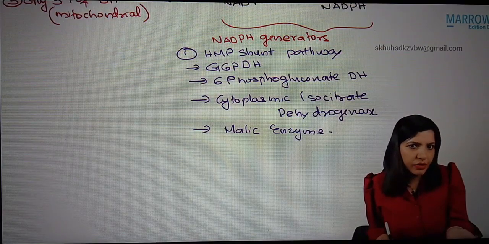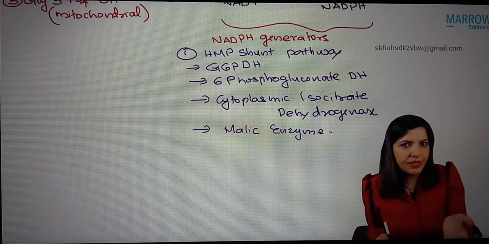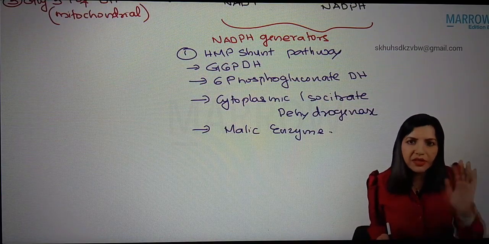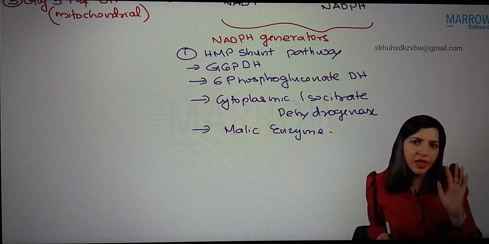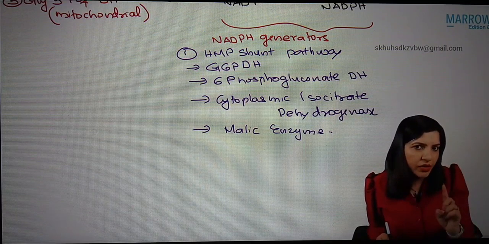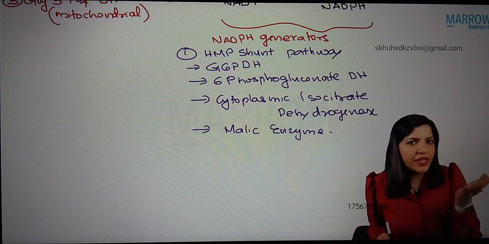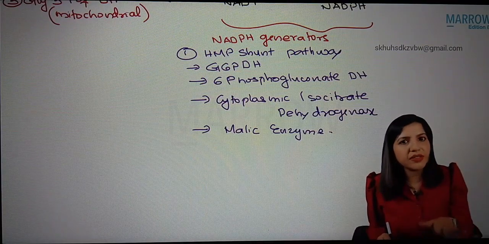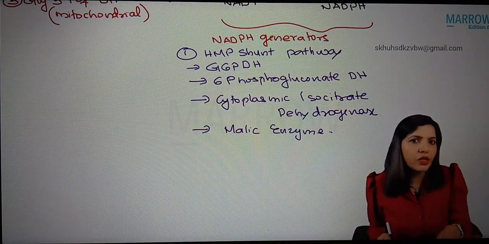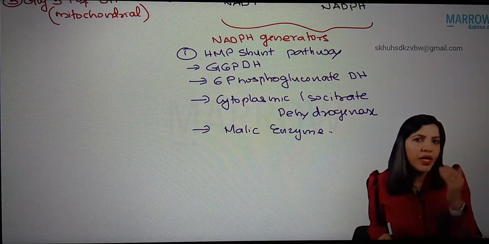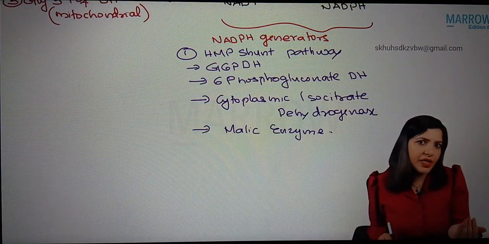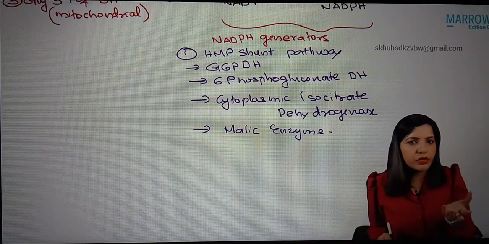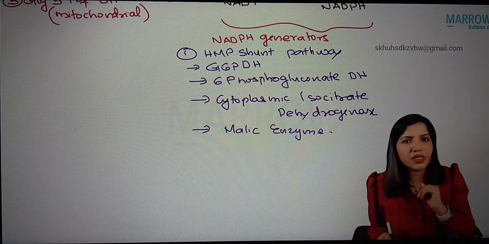Just learn that dehydrogenases involve removal of hydrogen, and whenever we write dehydrogenase in the name of an enzyme, there is always a coenzyme that we have to write along with it, either FAD to FADH2, NADP to NADPH, or NAD+ to NADH. The rest I've already given you in the list of enzymes.